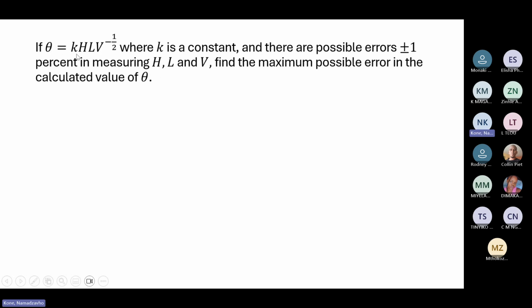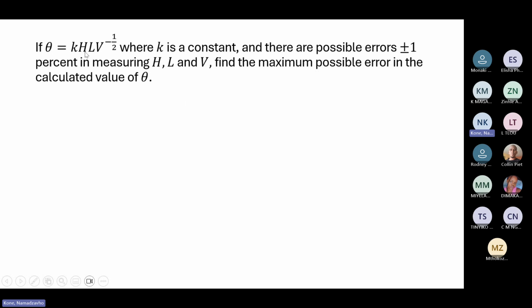So we'll come to this equation and find partial derivative of theta with respect to H, find partial derivative of theta with respect to L, partial derivative of theta with respect to V. Then we will take those and put all those together, and now we will be able to include these errors that we have in plus or minus 1% of each one of those three variables.